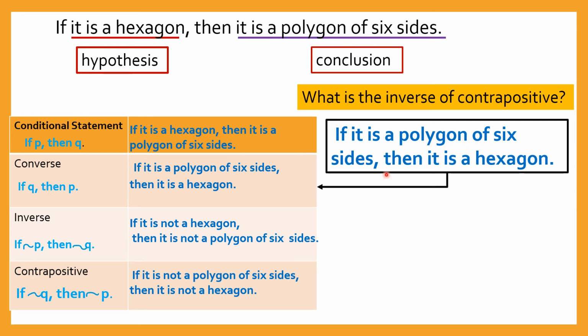If it is a polygon of 6 sides, then it is a hexagon. So again, inverse, contrapositive, the answer is converse. Can you see the pattern here? The equivalent statement is the statement that is not being mentioned. Inverse, contrapositive, answer is converse. A while ago, we mentioned converse and contrapositive, the answer is inverse.